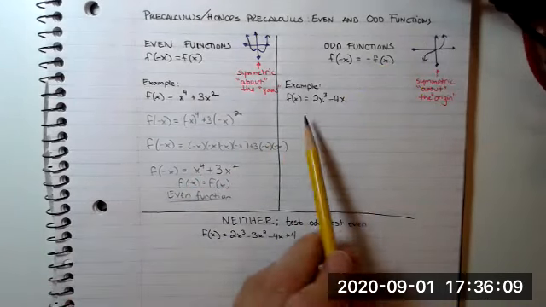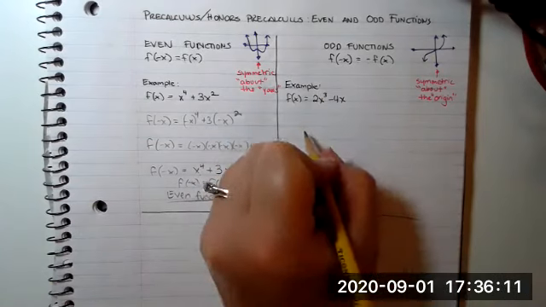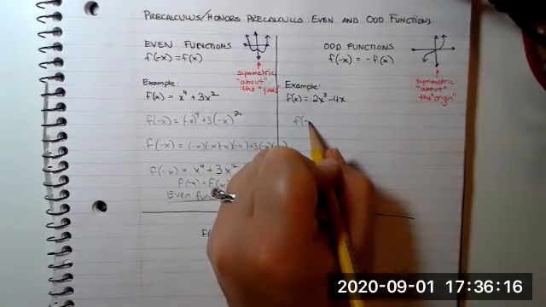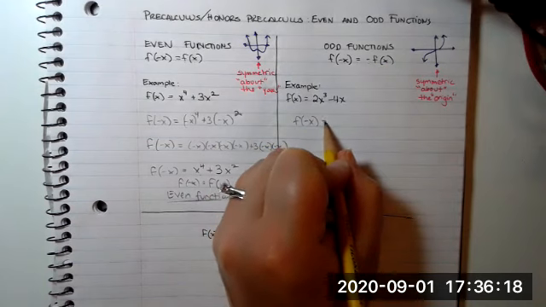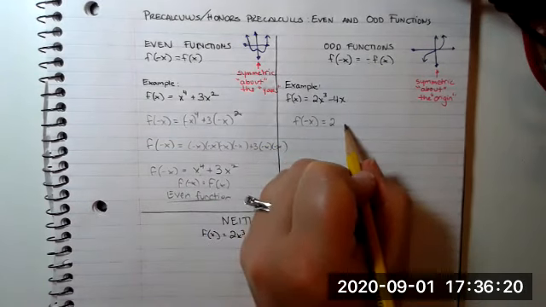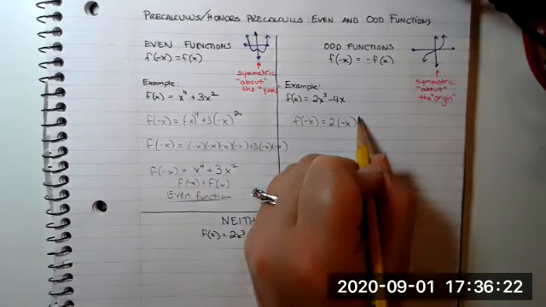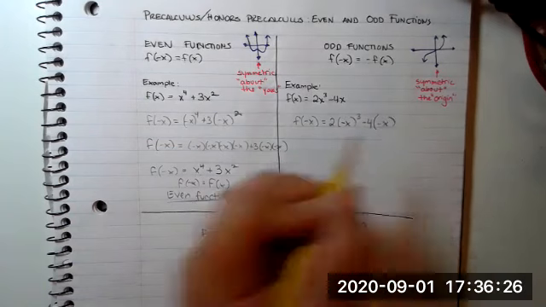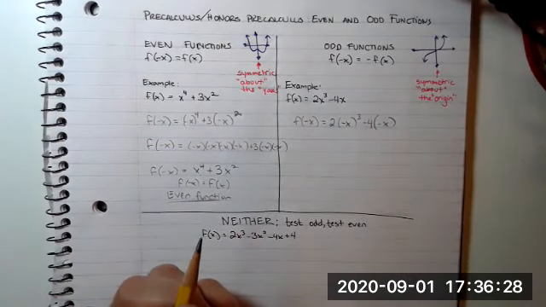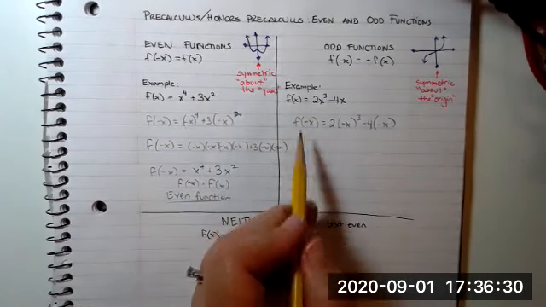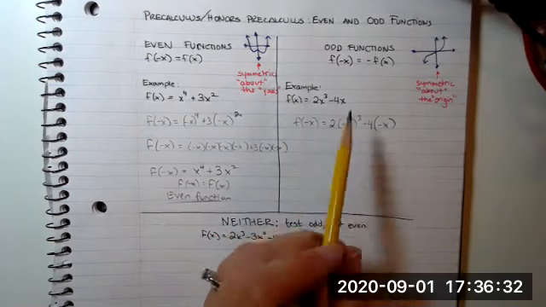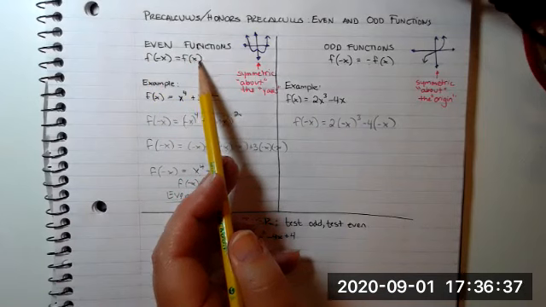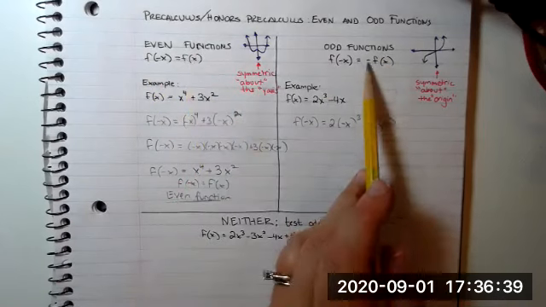So let's go ahead and test this out. F of negative x is equal to 2 times negative x cubed minus 4 times negative x. And then we're also going to look at what negative f of x is. So in an odd function, there's a little bit of an extra step, because one of the parts of your test isn't the original function, it's also this.